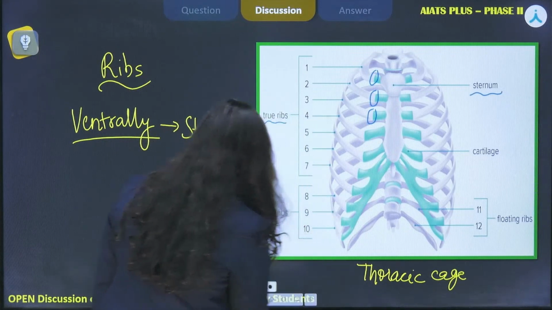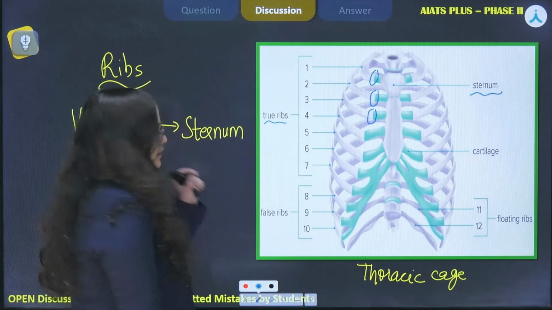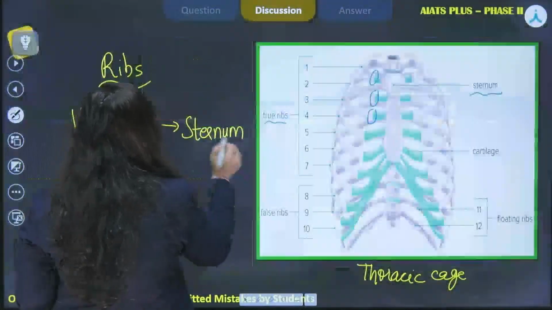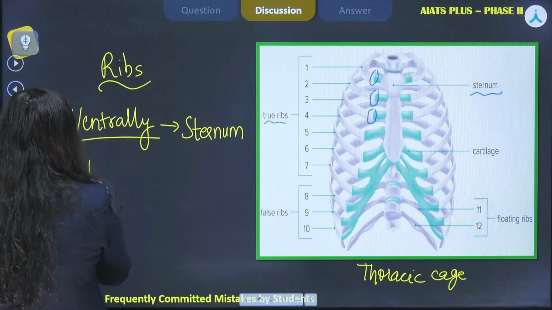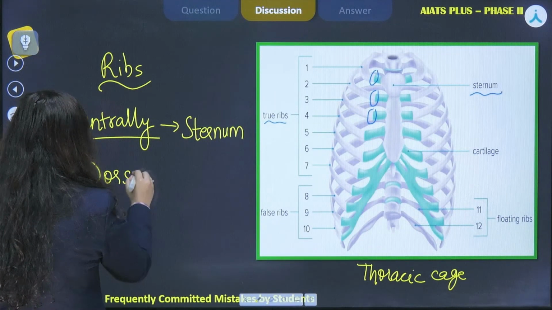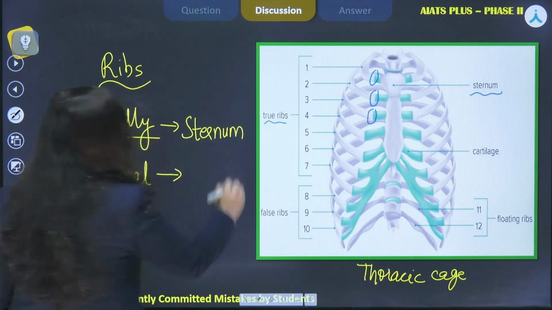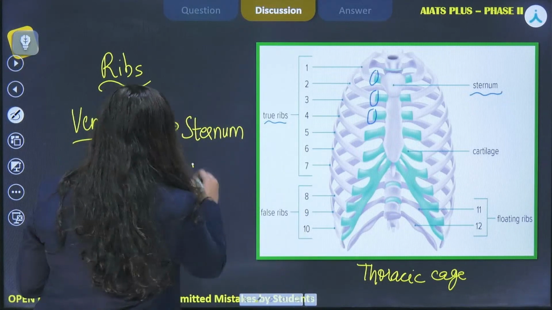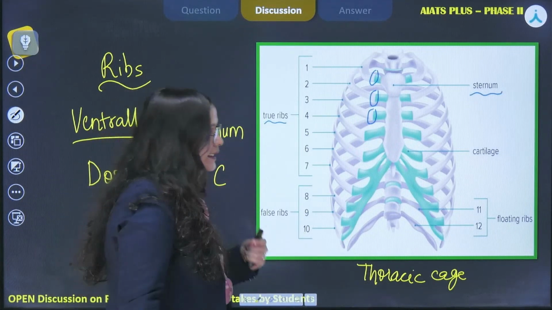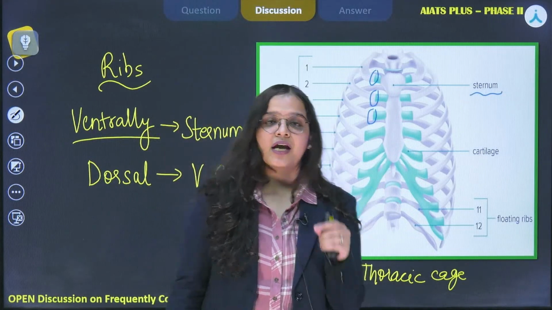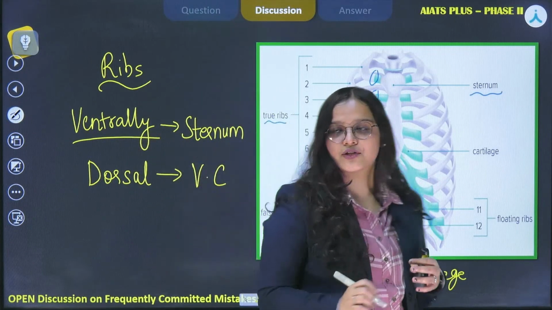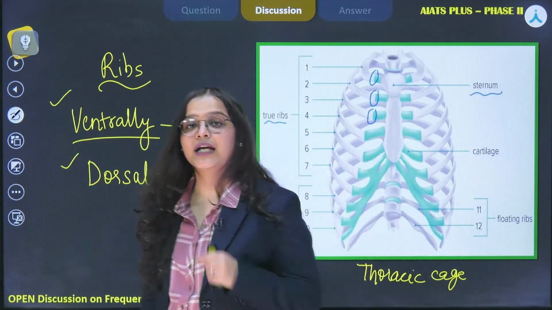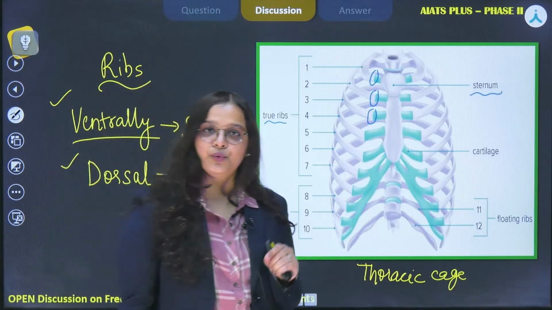On the dorsal side, our ribs are attached to the vertebral column. If the ribs have these two attachments, ventrally and dorsally to the respective structures, they are said to be the true ribs.